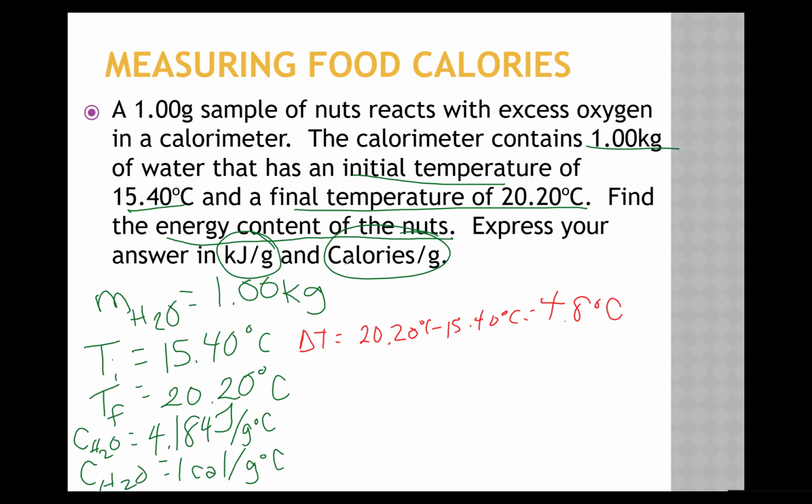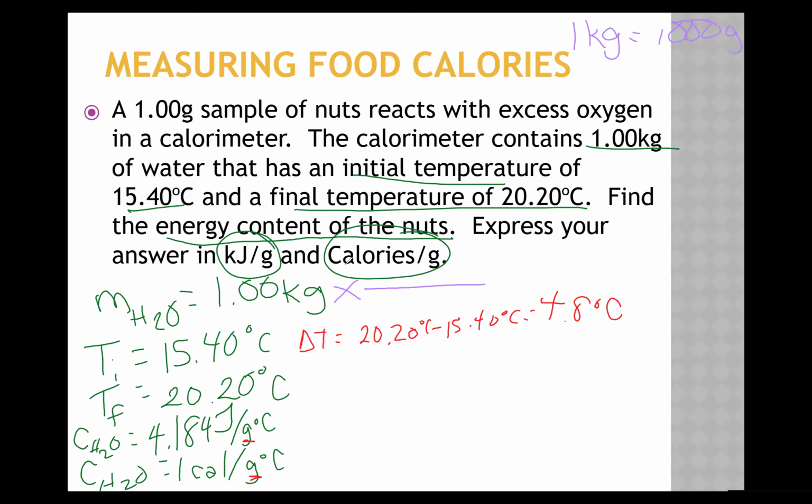Now, I noticed as I was writing down my specific heats that I have this in grams there, which means I need to change my kilograms into grams. Remember, we have 1 kilogram equals 1,000 grams.